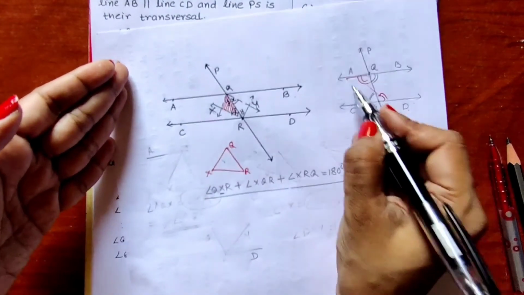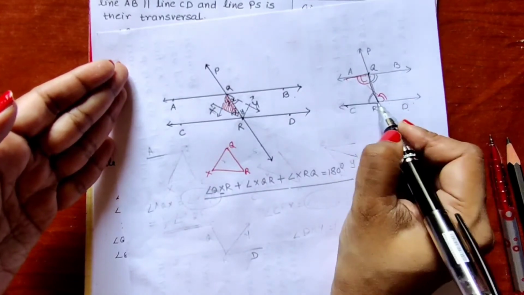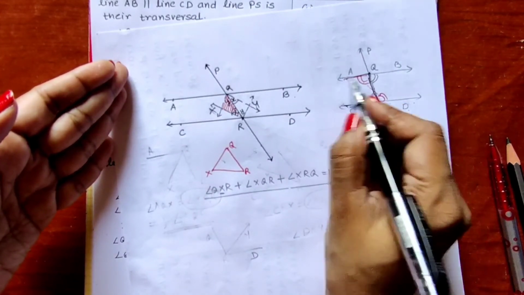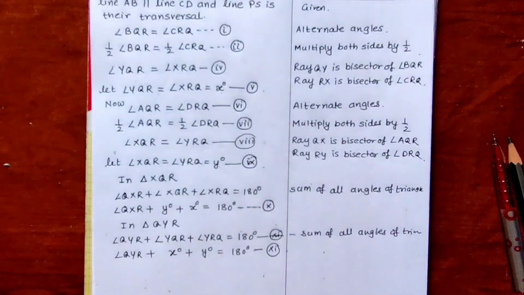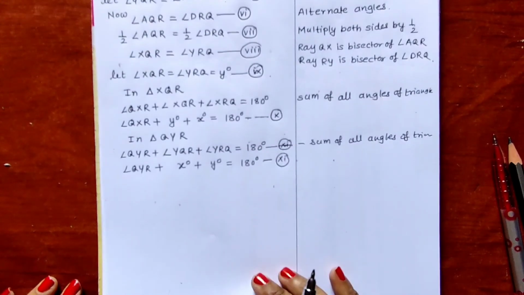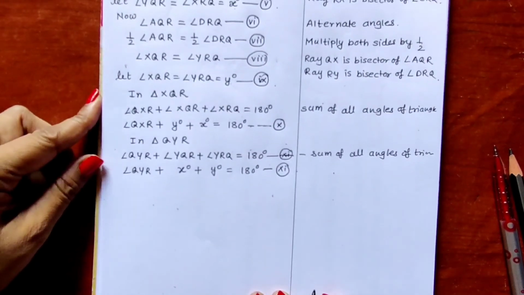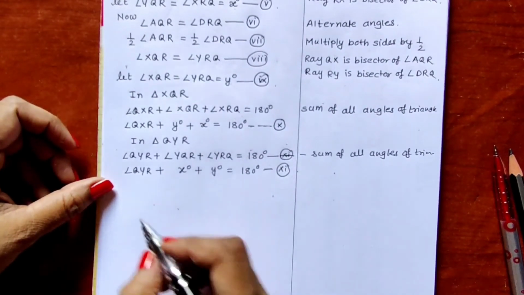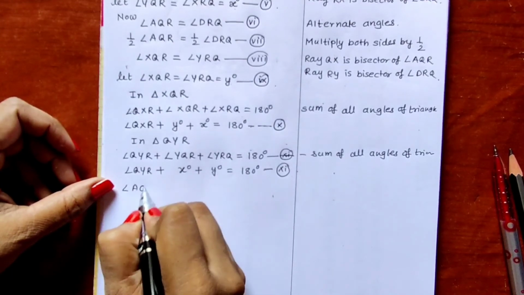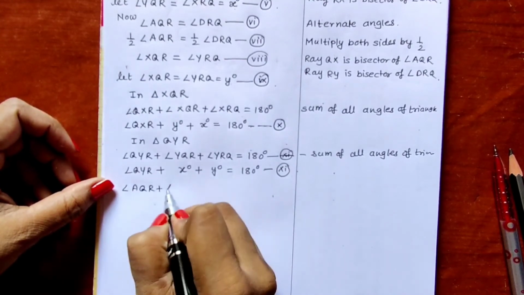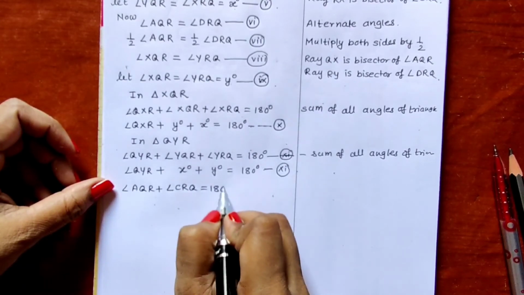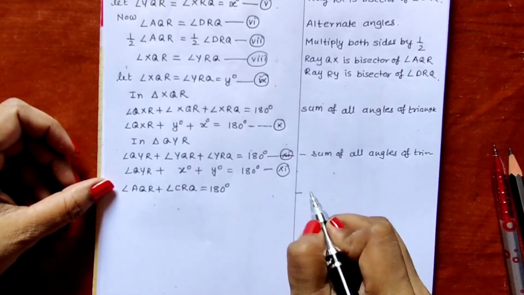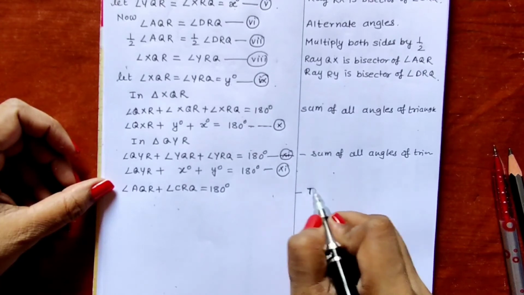AQR, this AQR and CRQ, these two angles are interior angles and that's why they are supplementary. We will be using this property. So let us write angle AQR plus angle CRQ is equal to 180 degree. Reason for this is they are interior angles.